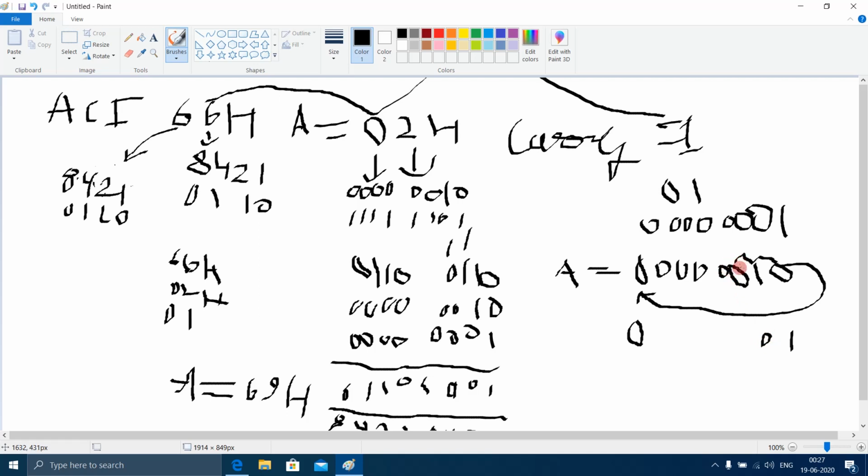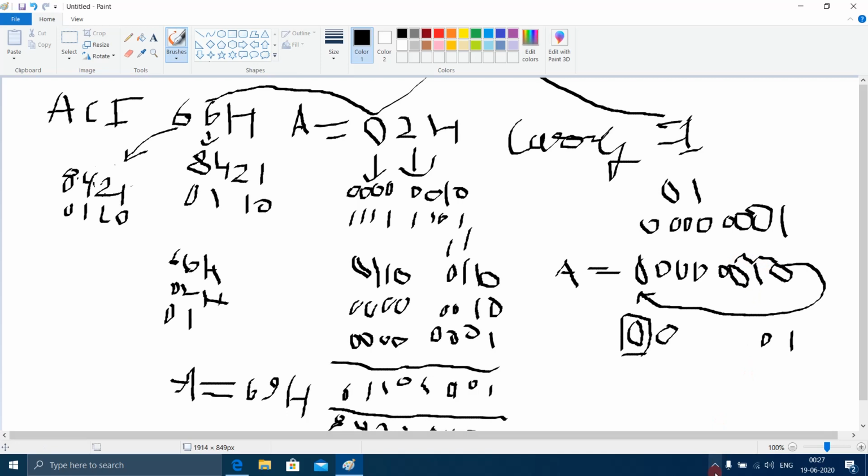This 0 will be copied into the carry also, and to this position also. Then this 1 will be copied here.